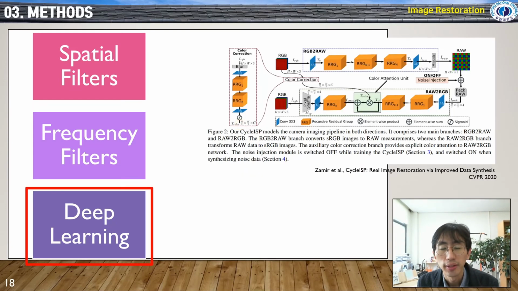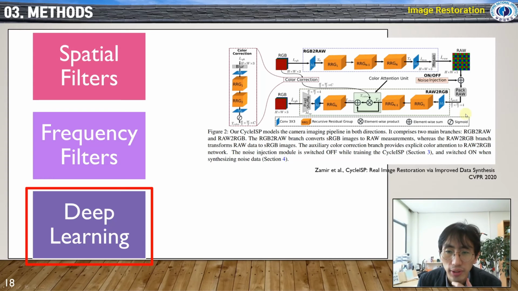Okay, and these days, deep learning is used mostly everywhere. Image restoration also utilizes deep learning a lot.